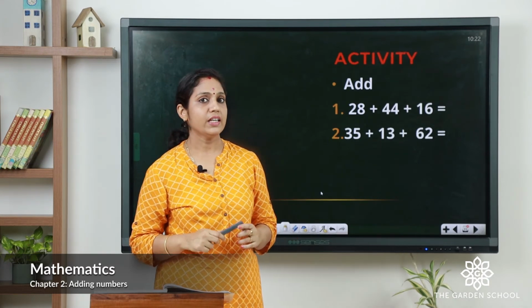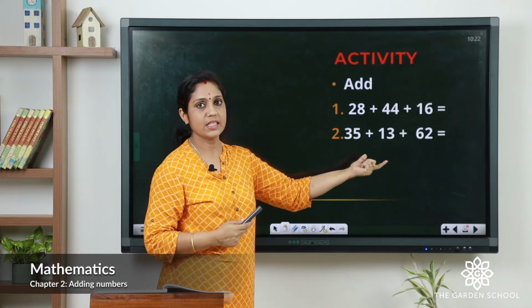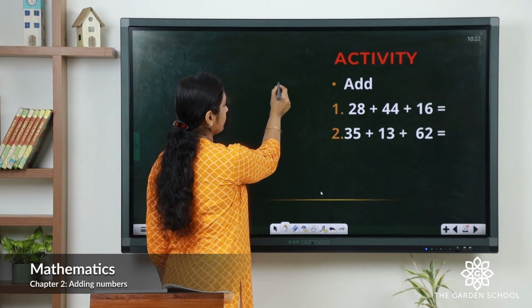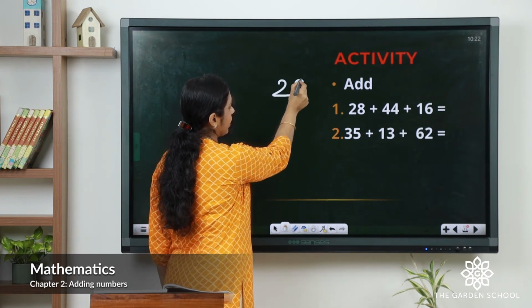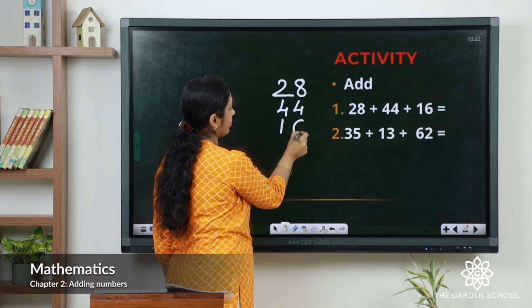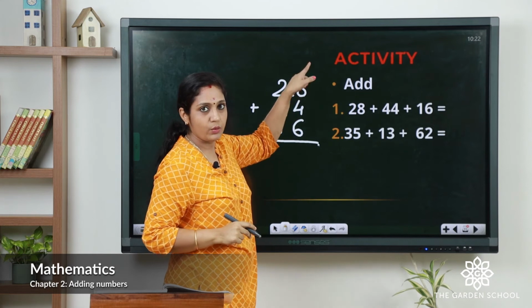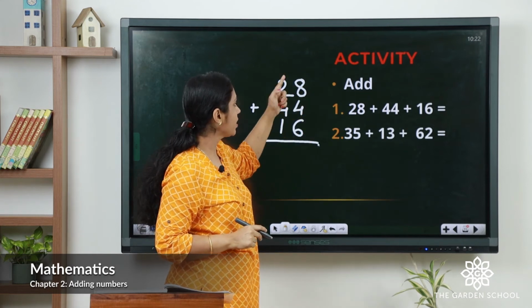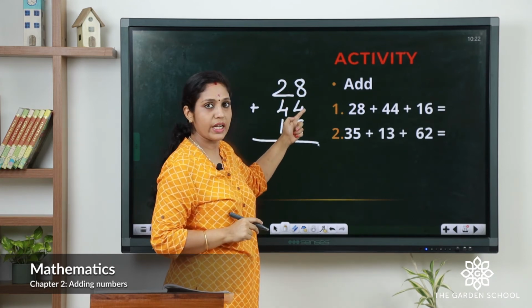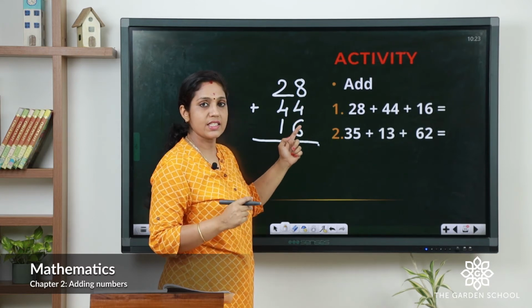So, hope you have done. Let us check it. We have 28 plus 44 plus 16. So, let us add the one digit numbers in the ones place. 8 plus 4 is 12. 12 plus 6 is 18.